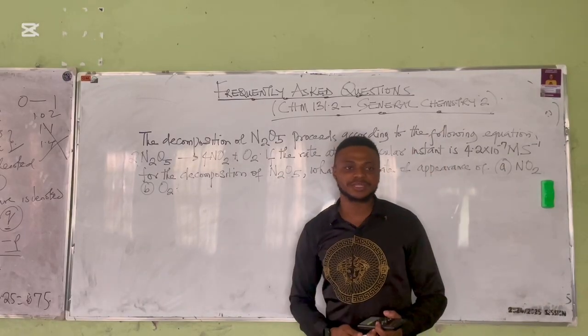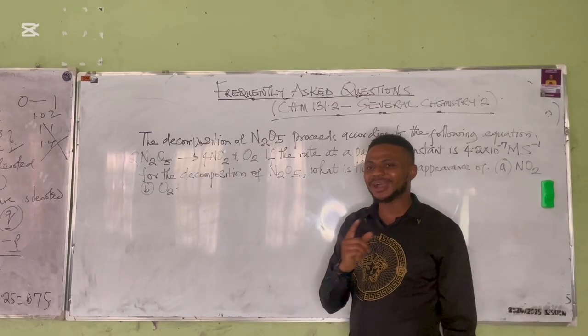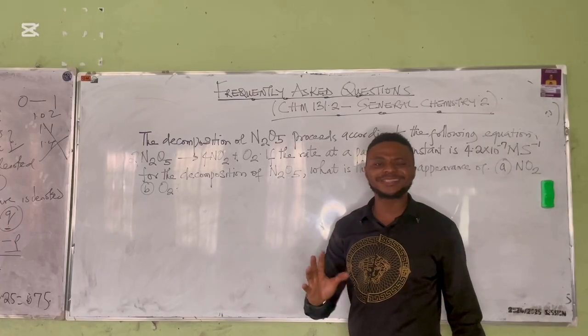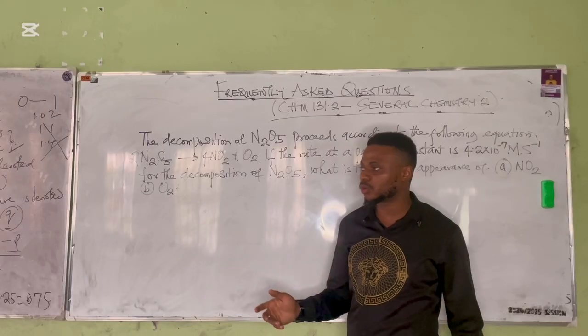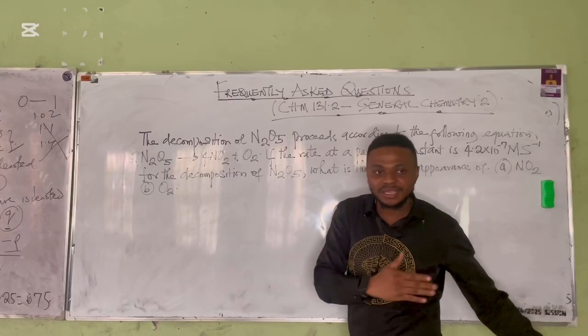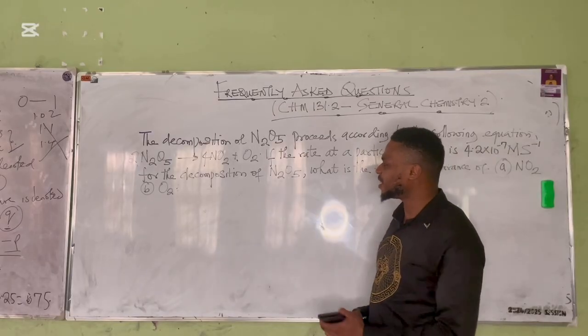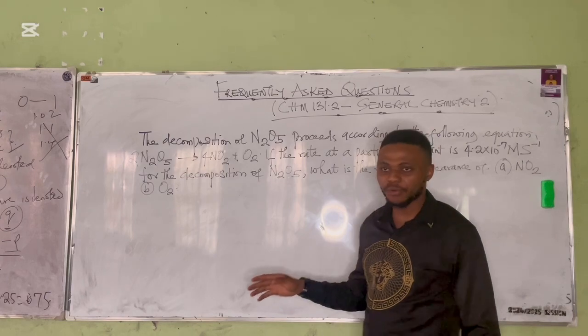Now, one thing you must know is that in chemical kinetics, the rate of disappearance of reactants is related to the rate of appearance of products. Alright, so when reactants are disappearing, products are appearing. Basically in this reaction, we need to establish a couple of things.